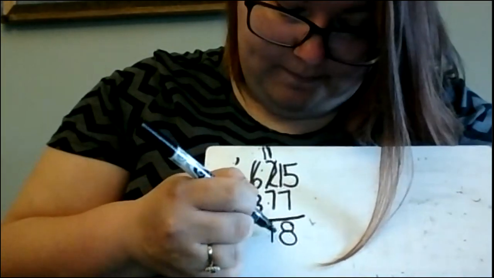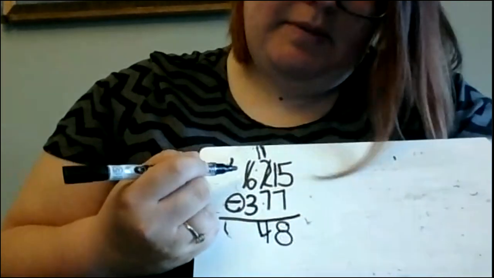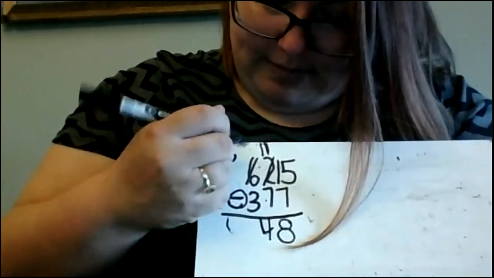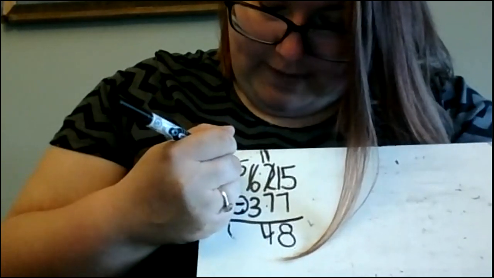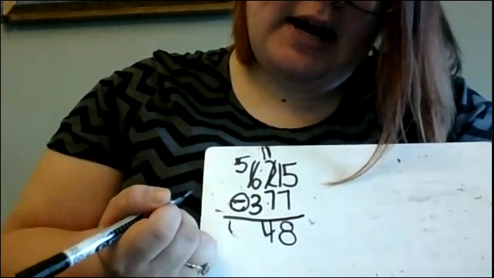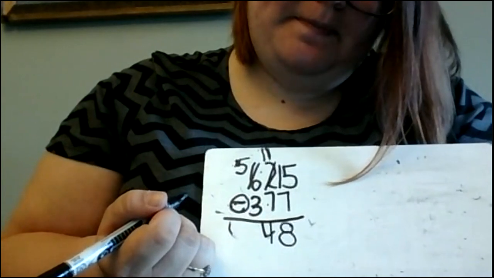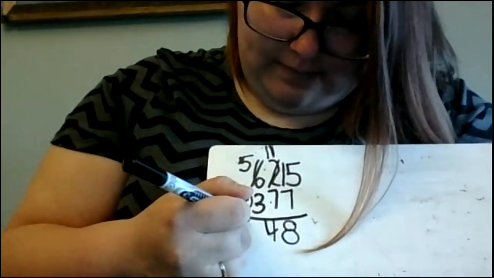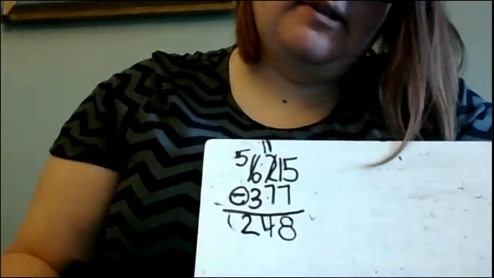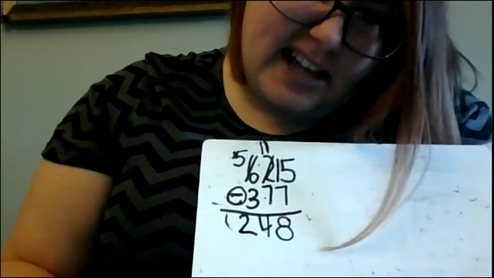Right, 4. Because I crossed out, my 6 hundreds becomes 5 hundreds. 5 hundreds minus 3 hundreds equals what?